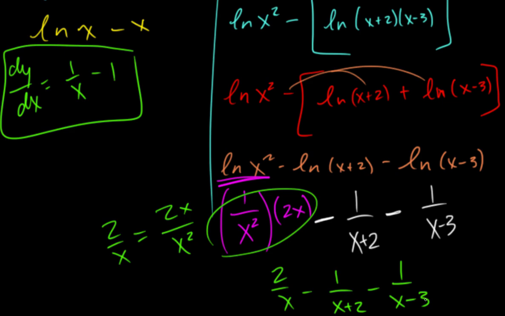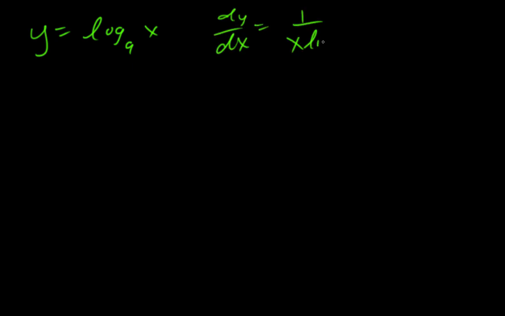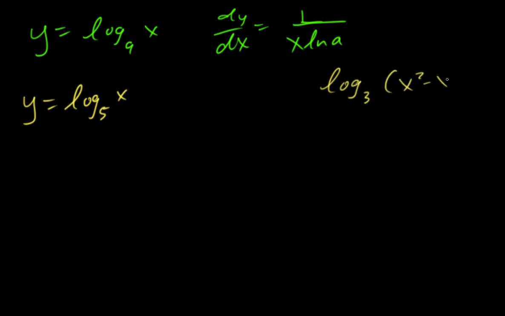Alright, if we have y equals log base a of x, then dy/dx is equal to 1 over x natural log a. So if we have y equals log base 5 of x, or if we have log base 3 of x squared minus x, we can use this info.